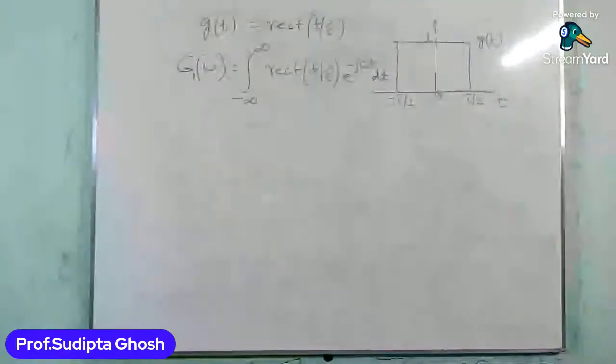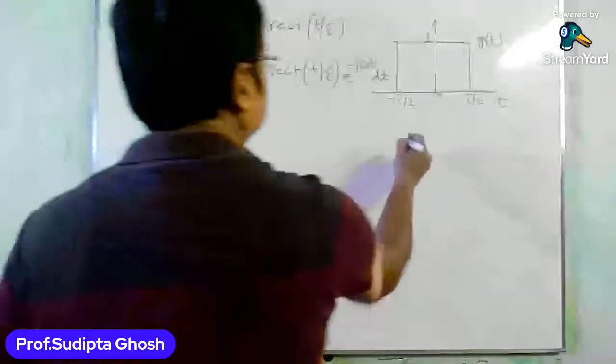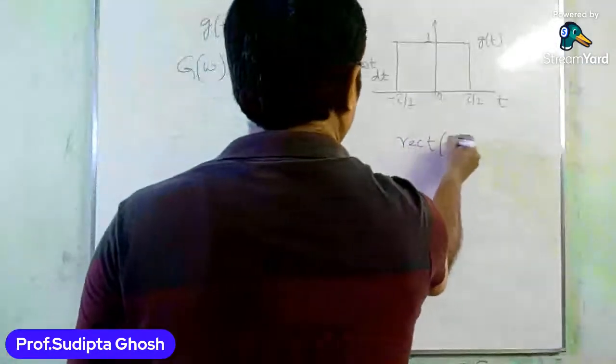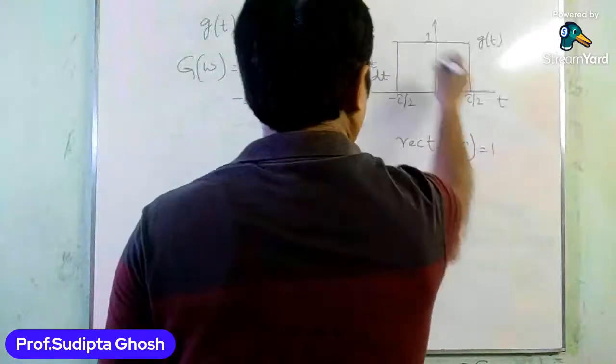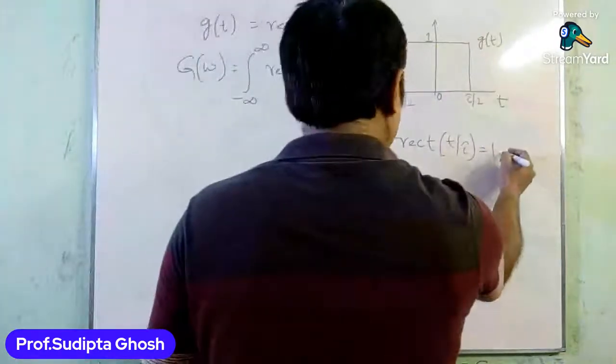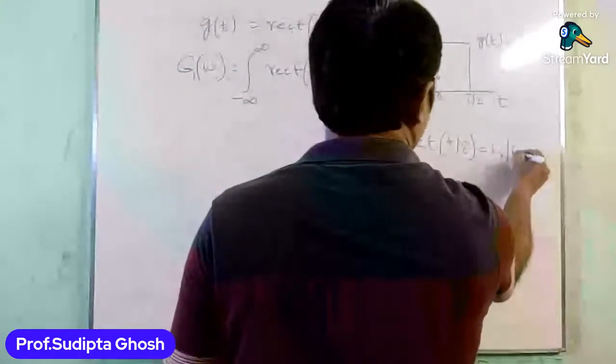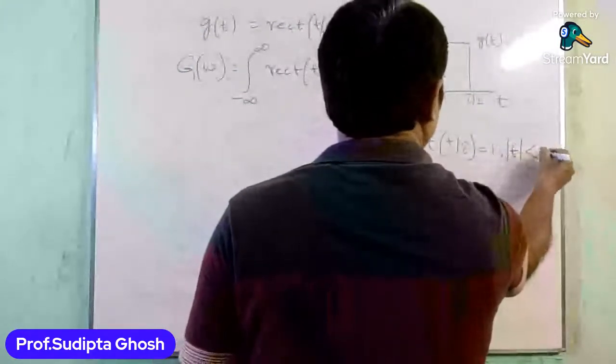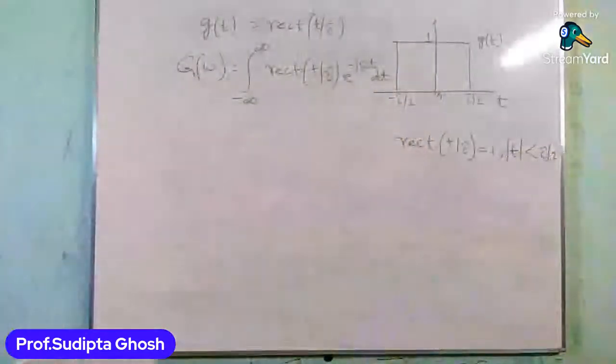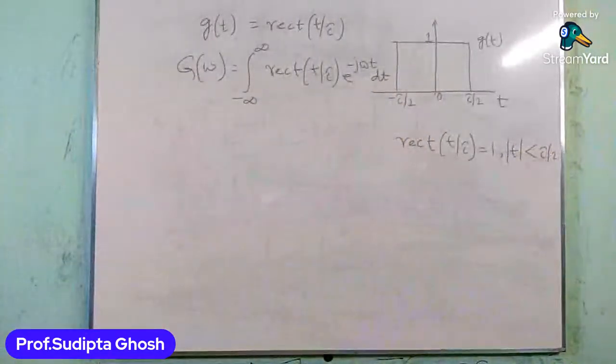Now from the graph, we can see that the value of the function rect(t/τ) is 1 while mod of t is less than τ/2.